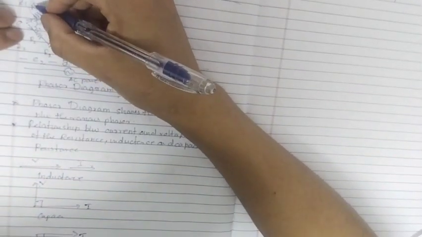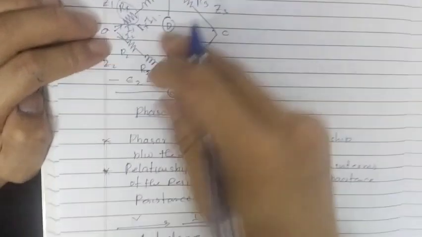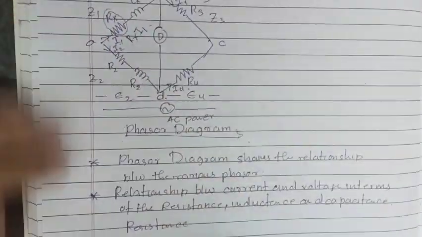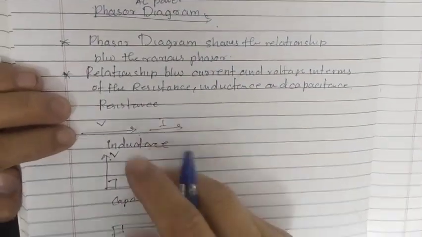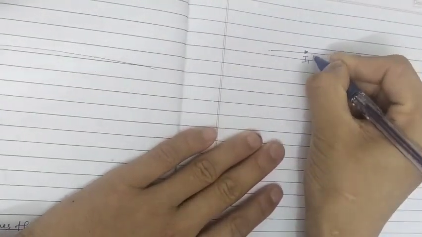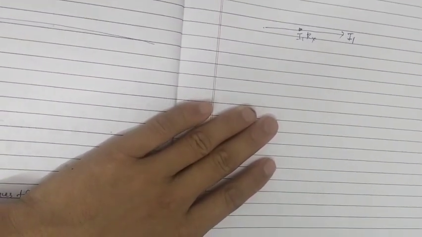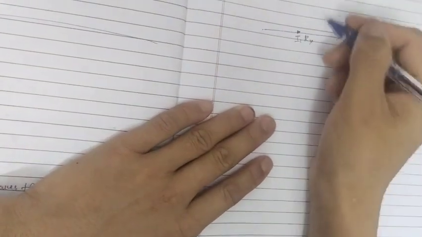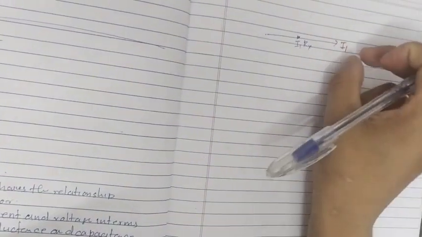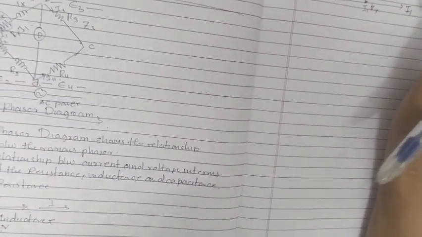The voltage drop across Rx is given by Rx I1. Since in the resistive part the voltage and current are in phase with each other, the voltage drop across the unknown resistance is in phase with I1.